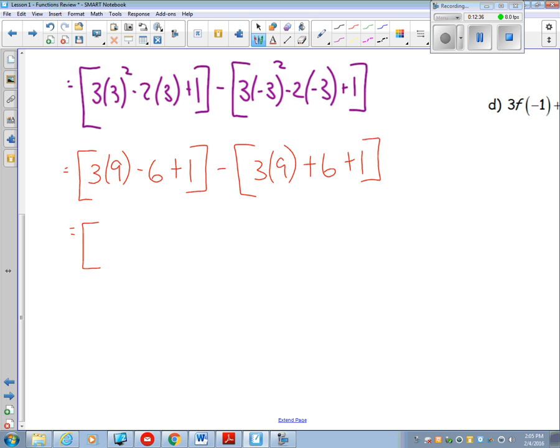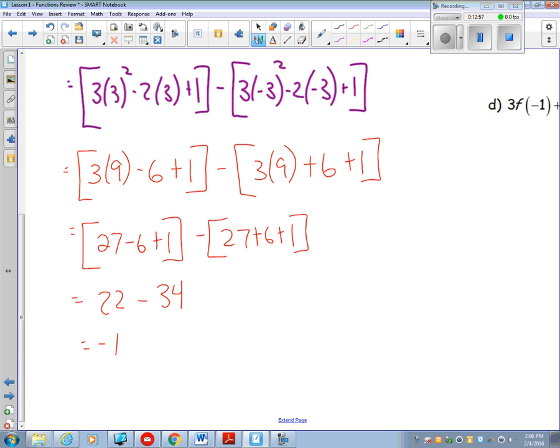And expand my brackets. 27 minus 6 plus 1 minus 27 plus 6 plus 1. And in the first bracket, I'll end up with 22 minus. In the second bracket, I end up with 34. And 22 minus 34 makes -12. Okay, operations between functions.